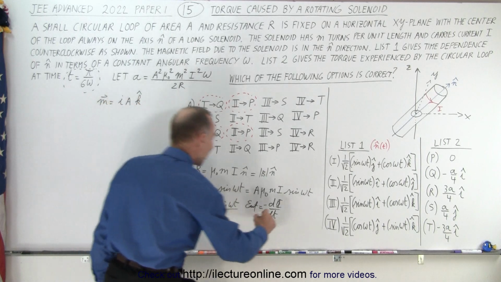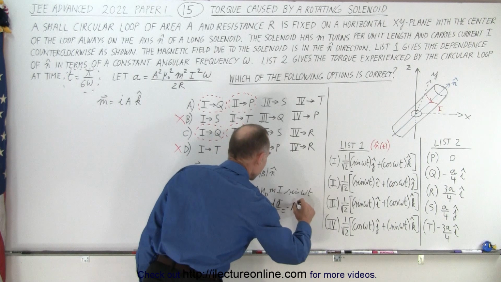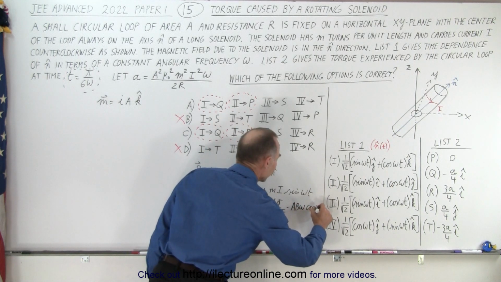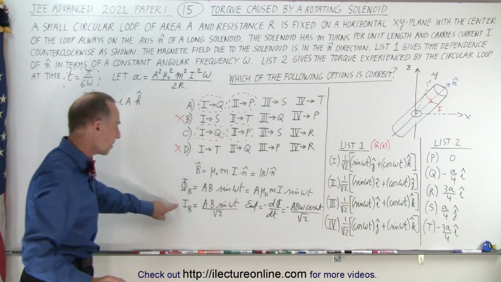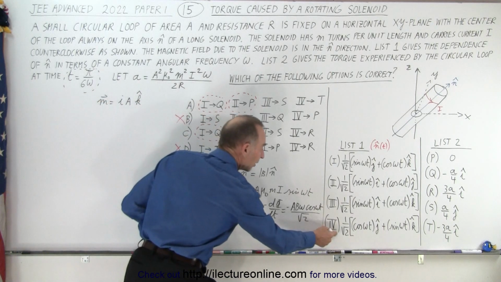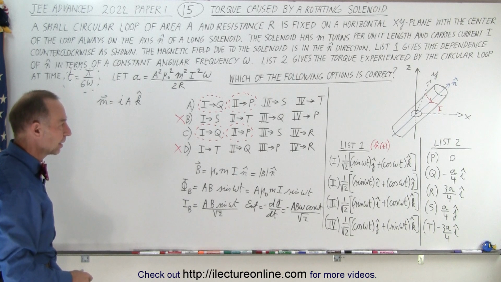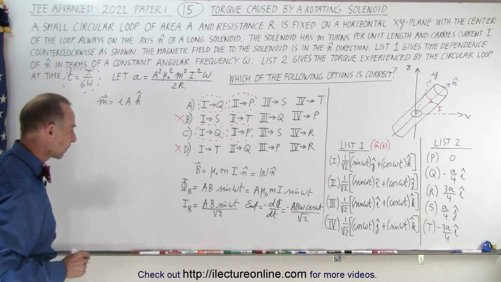So we end up with a positive times the negative, which is a negative AB omega times the cosine of omega t, all divided by the square root of 2. And so that's the EMF through the loop when we use this rotation and that expression for the normal of the magnetic field from the solenoid.